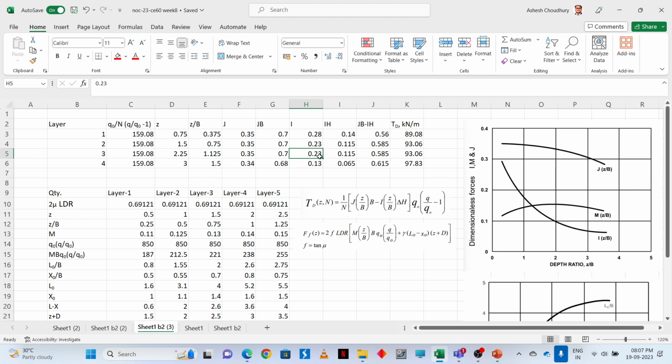For 1.125 is here, how much to take? 0.16. So just do it properly once. Okay, I into H. What is H now? H is 0.75.